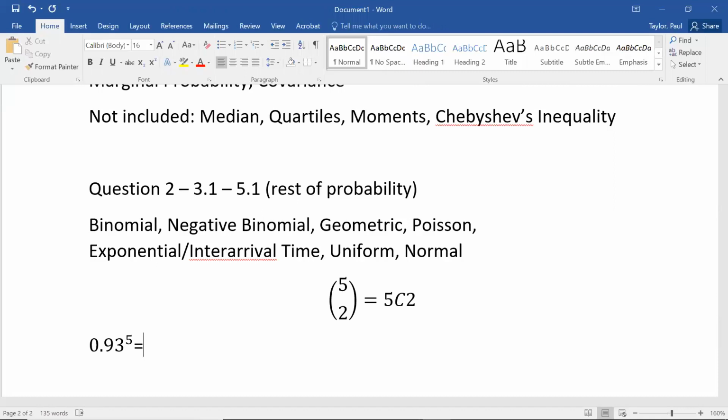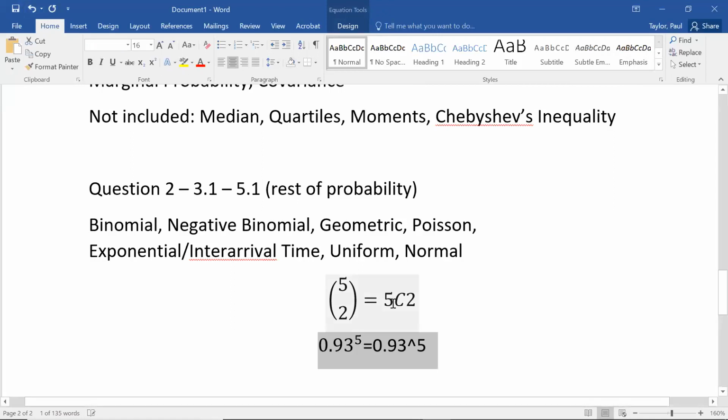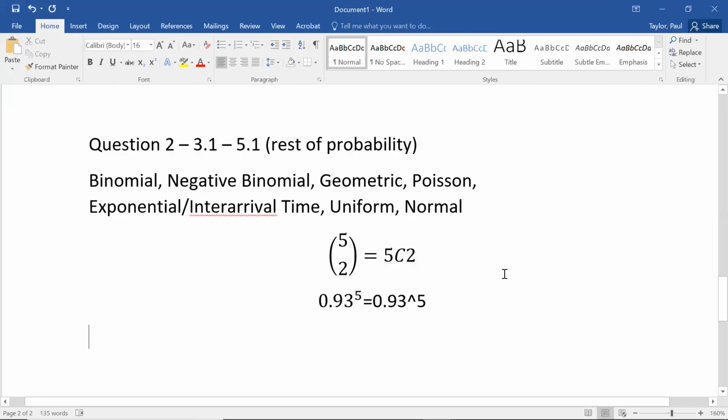You could instead write that as 0.93 and then this upper caret symbol with a 5, and I would understand what that meant. So just use these upper caret symbols for powers. Use this notation 5C2, or NCK for N choose K. That should cover most of the things that might be tricky to type in. I think that typing shouldn't be too bad after that.